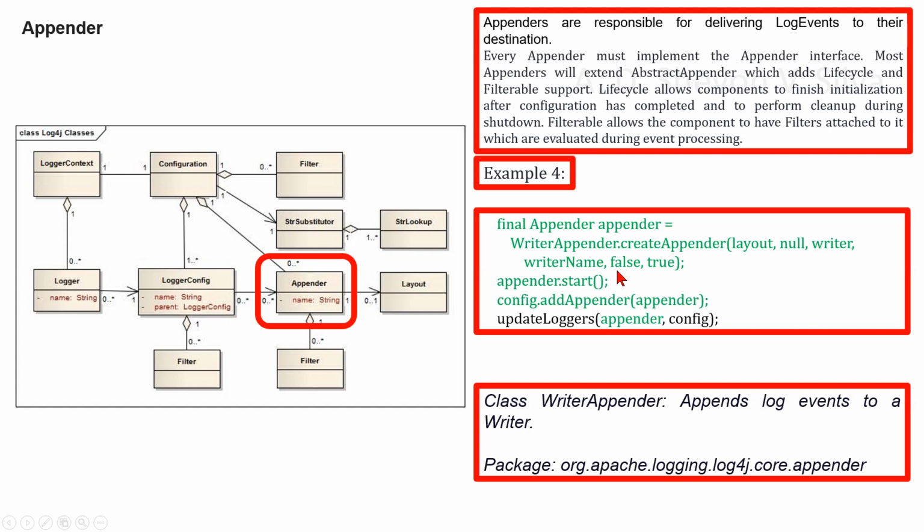Use false as a default here, and this is ignore exceptions. If true, the default, exceptions encountered when appending events are logged, otherwise they are propagated to the caller. In the start, make the filter available for use, and this will add the appender, and this is updating the logger.